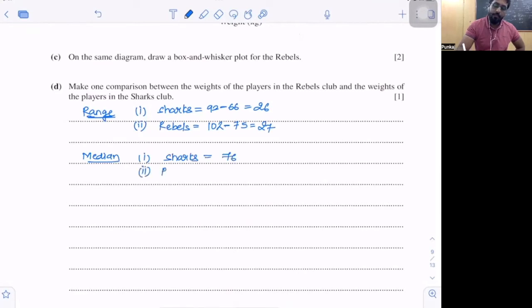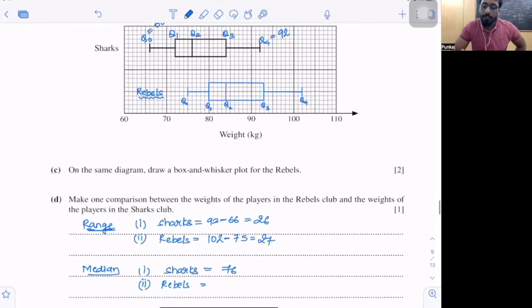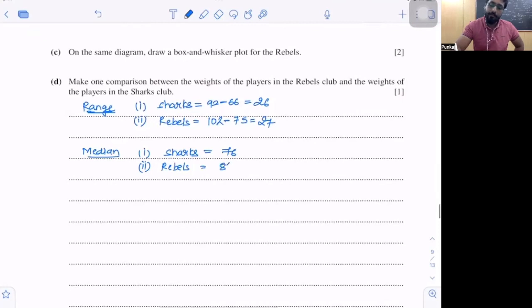And second, for the Rebels, how much is it? For the Rebels, it was 84, right? So can you say that the Rebels' average weight, the mean weight, you can say, is greater than the average weight of Sharks? So that's the second comparison that you can make.